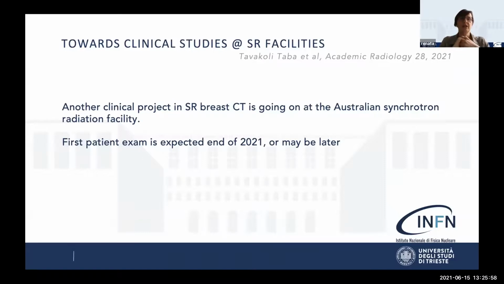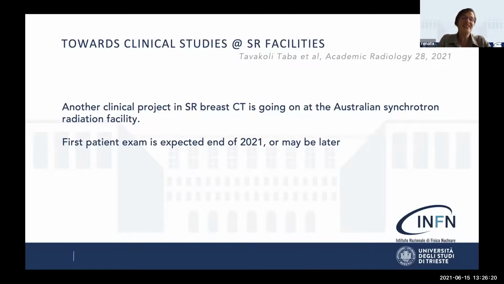Well, what's in the future? We are not the only team working on the breast CT program at a synchrotron radiation facility. There is a twin program in Australia, at the Australian Synchrotron in Melbourne. They are working on breast CT. We also have a number of collaborations with them.